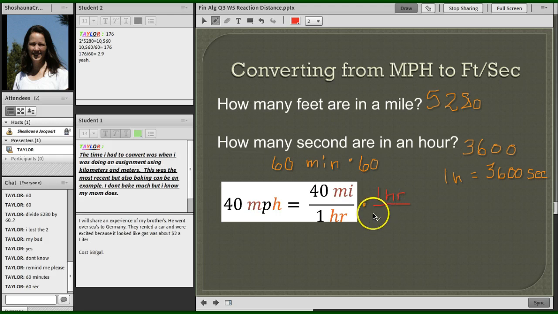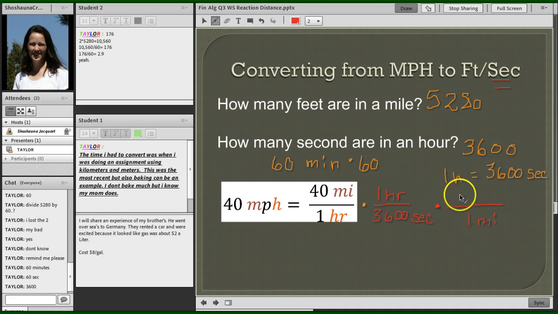And then what are we going to do? Do you want to do 60 minutes or the 3,600 seconds? Because we want it to go to seconds. Okay, so we're going to do 3,600 seconds. And then we're going to multiply it by, we want to get rid of my mile.